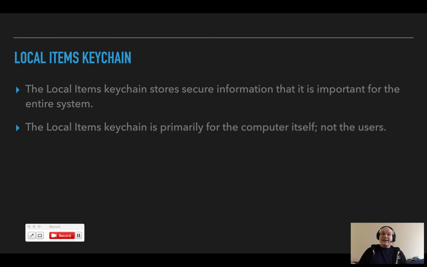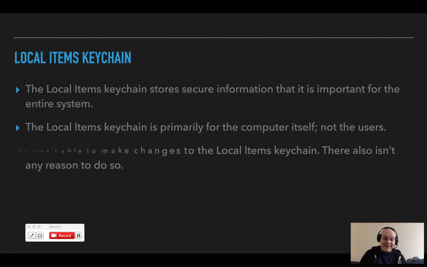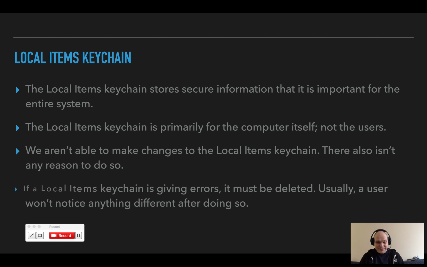Even with all the in-depth stuff that we sometimes have to do in IT, I almost never have to touch the local items keychain. We aren't even able to make changes to it without doing some really complicated stuff, and there really isn't a reason to. If a local items keychain is giving you error messages, it has to be deleted. That's how you fix it. And as a user, you won't notice anything after it's deleted.